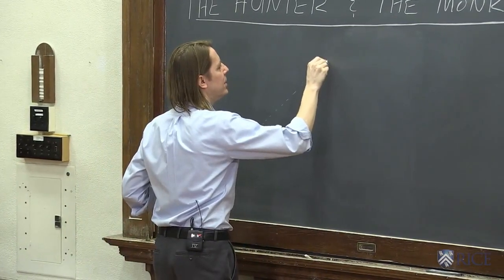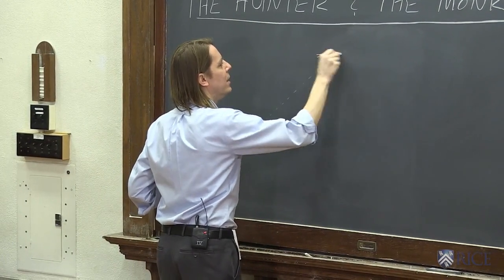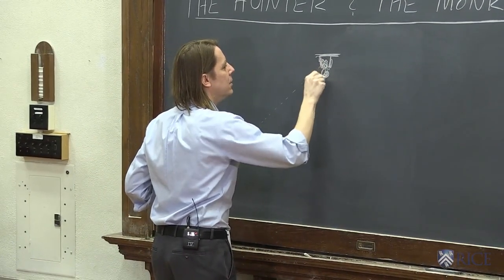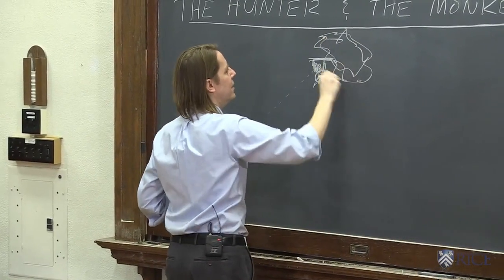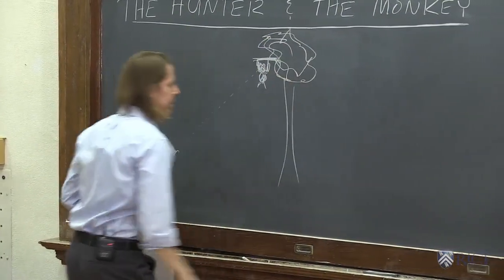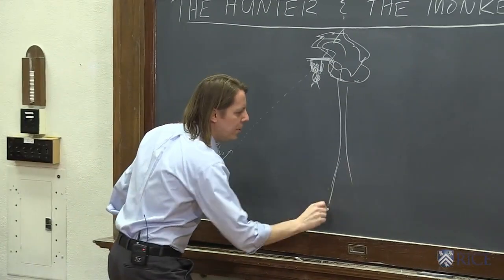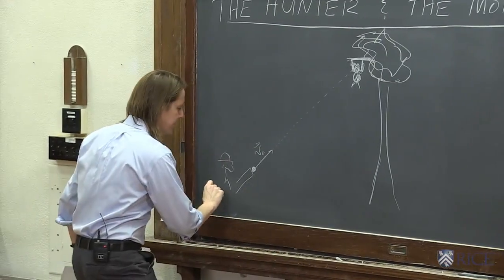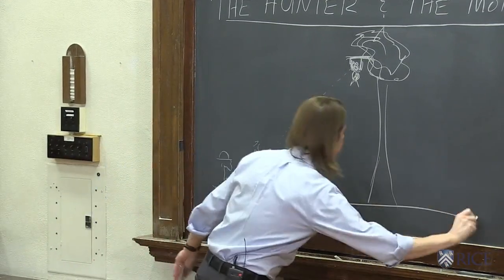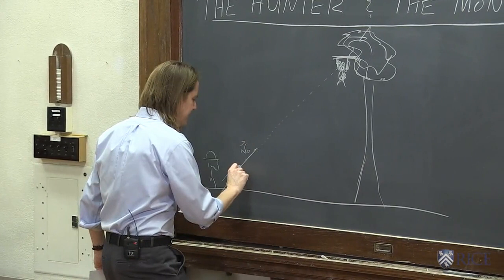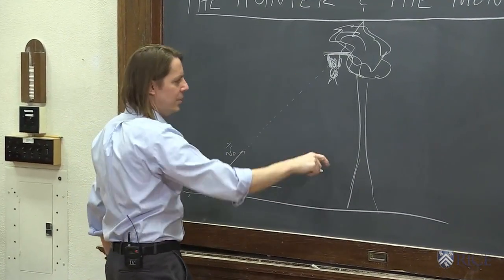So here's the monkey, and it's sort of holding on to a branch, and the branch is in a tree like this. There we go. Aimed right at the monkey. Now, we need a few parameters here. So here's, let's say, the ground down here. So we need to know this distance, the distance horizontal from where the bullet starts to where the monkey is.